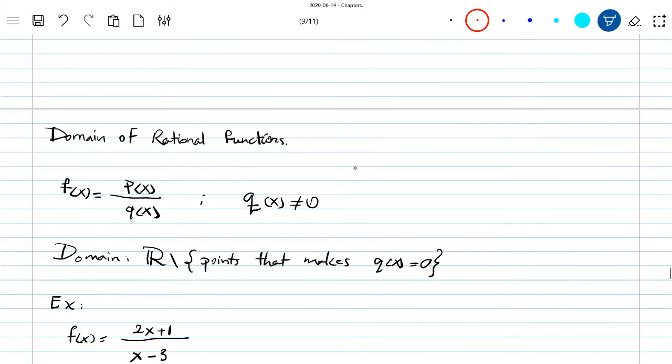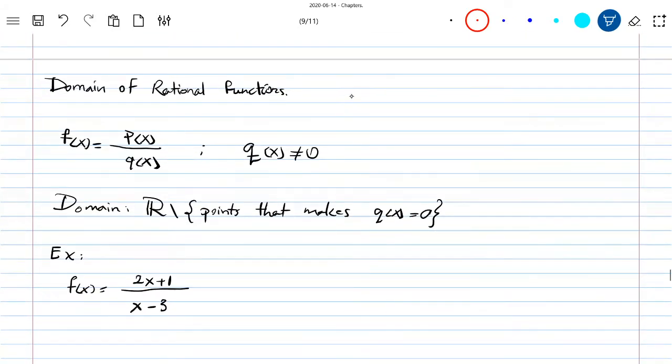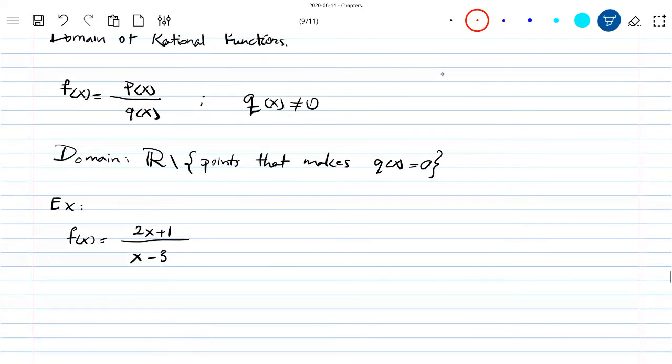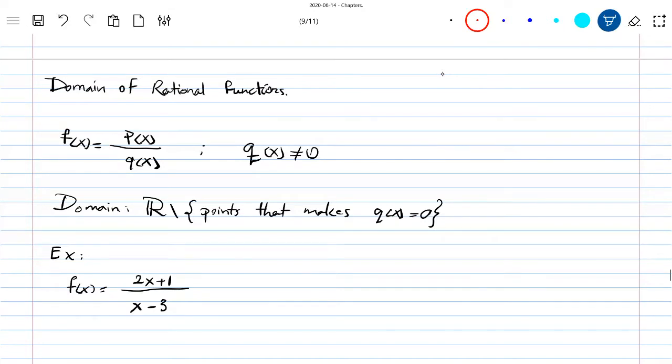Okay. Now that we talked about graphing, let's discuss the domain, because the domain is very important. Last time I mentioned it a bit shortly. Now we're going to discuss it for two specific cases. For rational functions, if you remember, a rational function always contains a variable in the denominator.